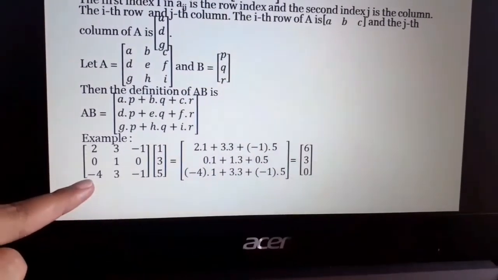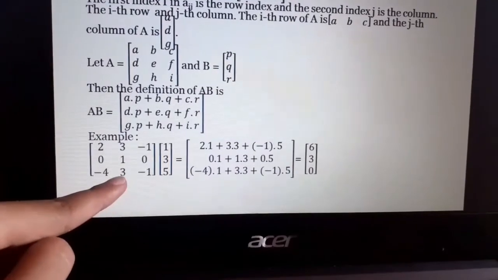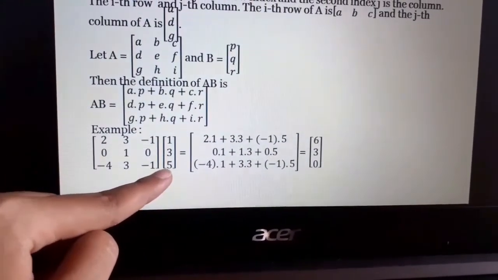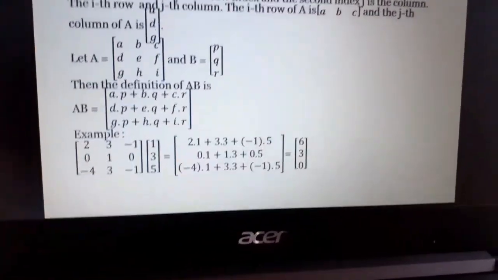Negative 4 times 1 plus 3 times 3 plus negative 1 times 5 is equal to 0.